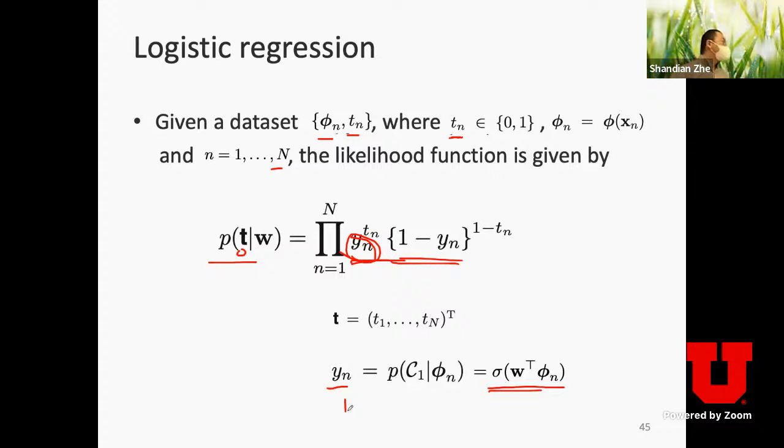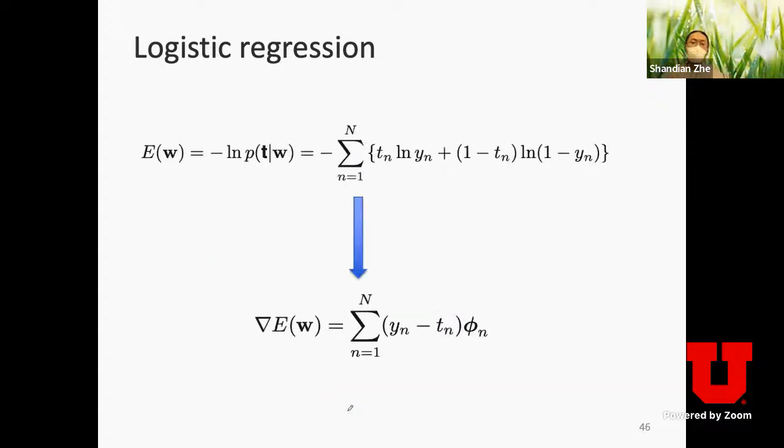Again, we can start with the basic framework, which is maximum likelihood estimation. To estimate the model parameters, if we follow the maximum likelihood estimation framework, we just maximize the log likelihood.